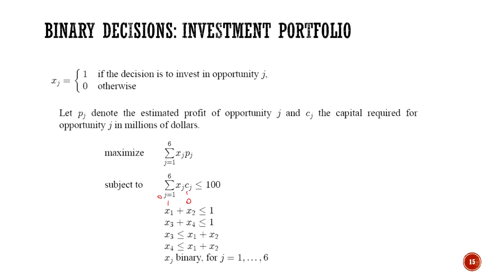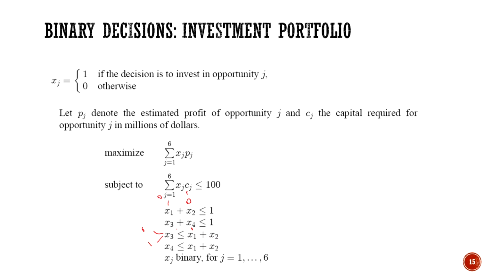Now, opportunity 3 can be undertaken if one of the opportunities 1 or 2 is undertaken, or both. So if x1 is 1, then x3 can be 0 or 1. But if both x1 and x2 are 0, then x3 has to be 0.